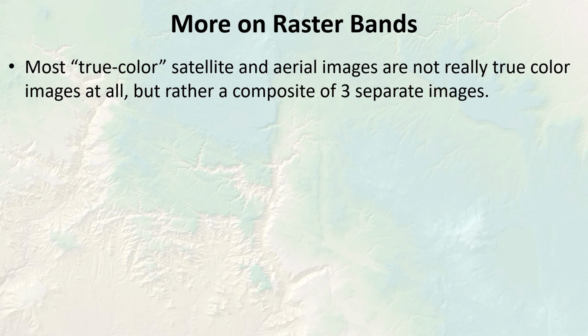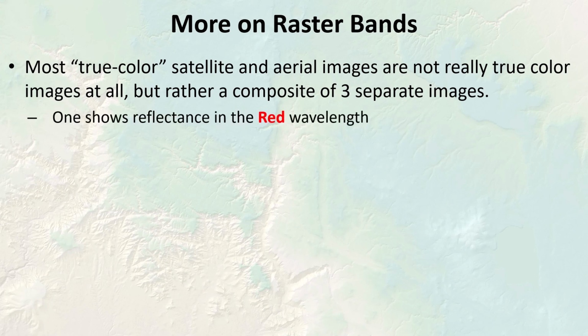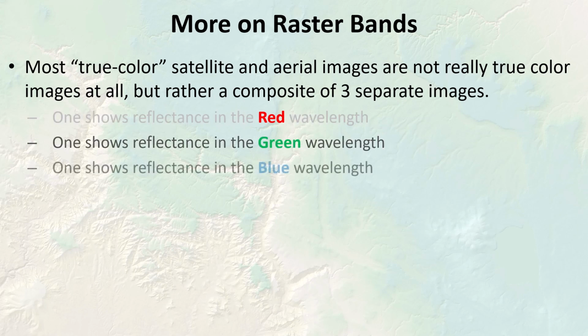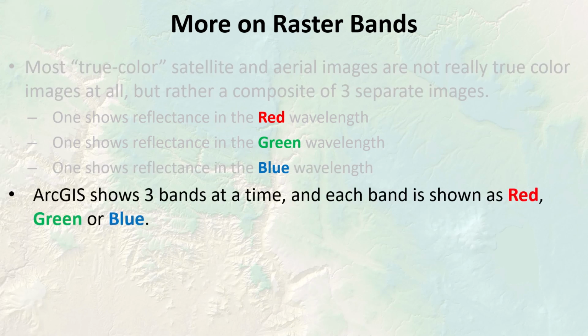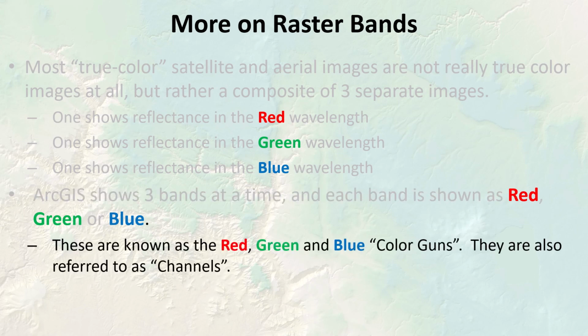They look like true color, but most commonly they are a composite of 3 separate images, and one image shows the reflectance of the landscape in the red wavelength. So it's not showing the color red, it's just showing how the landscape reflects at that particular wavelength. One shows the reflectance at green, one at blue. You put those 3 into ArcGIS and you plug them into the red, green, and blue color guns or channels, then it shows up as what looks like a true color image.